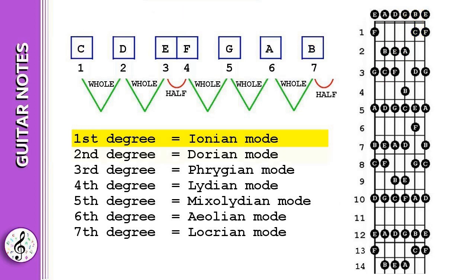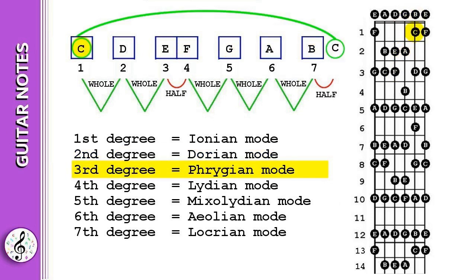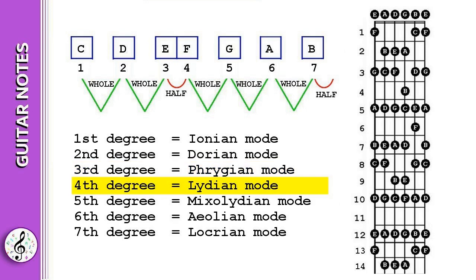If you start on the second note, it's a Dorian mode. If you start on the third note, it's a Phrygian mode. If you start on the fourth note, it is a Lydian mode.